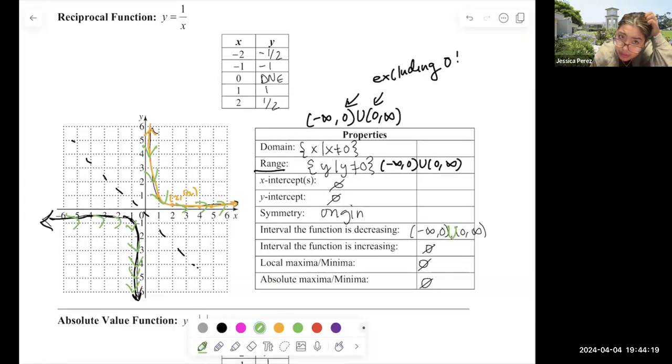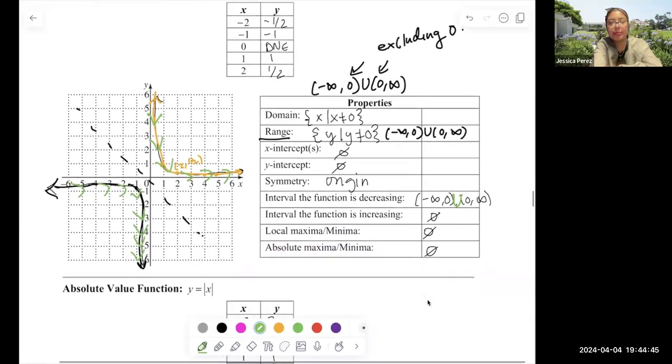So it's always decreasing. The function is never increasing. You don't have a local min and you don't have a local max. So this one's special. This one's called the reciprocal function. Okay. So you're learning all these types of functions because we're going to do things with these functions in a moment.